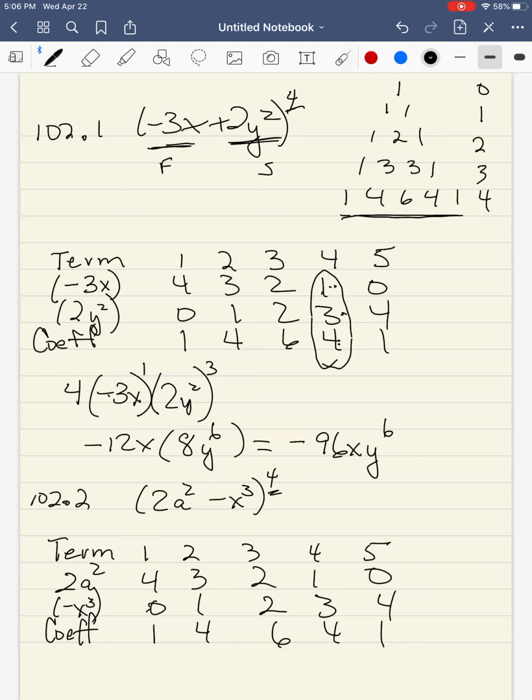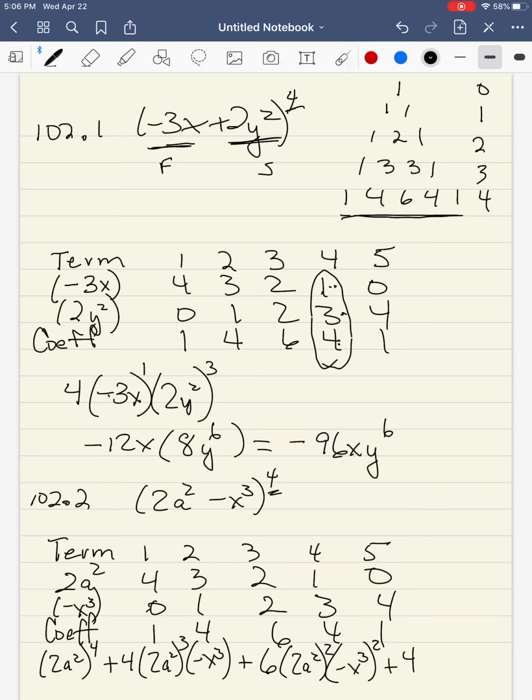The first one is going to be 1, and it'll be 2a squared to the 4th power, and this to the 0, which is just 1. Plus 4, 2a squared to the 3rd times negative x cubed to the 1st. Plus 6, 2a squared squared times negative x cubed squared.